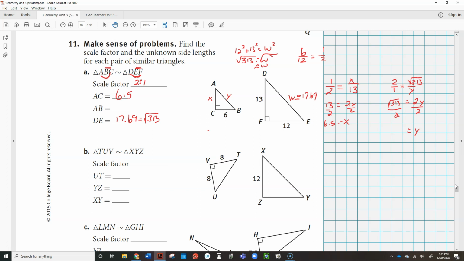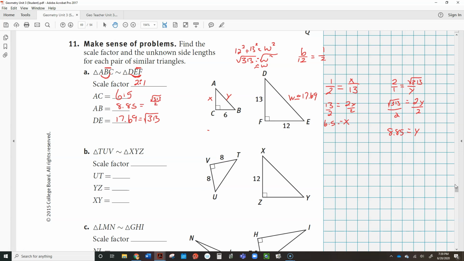And then if we want that as a decimal, we just have to say the square root of 313 divided by 2, and it's about 8.85.